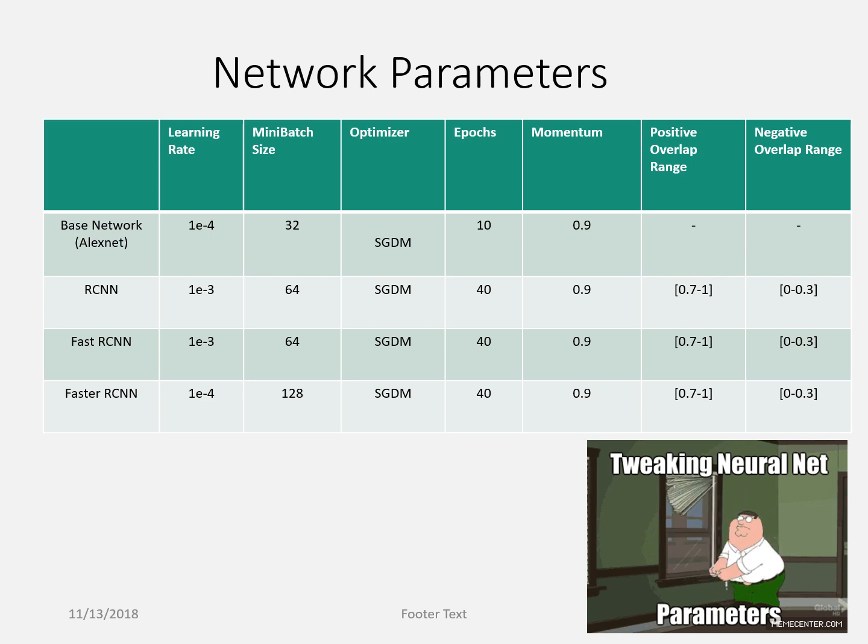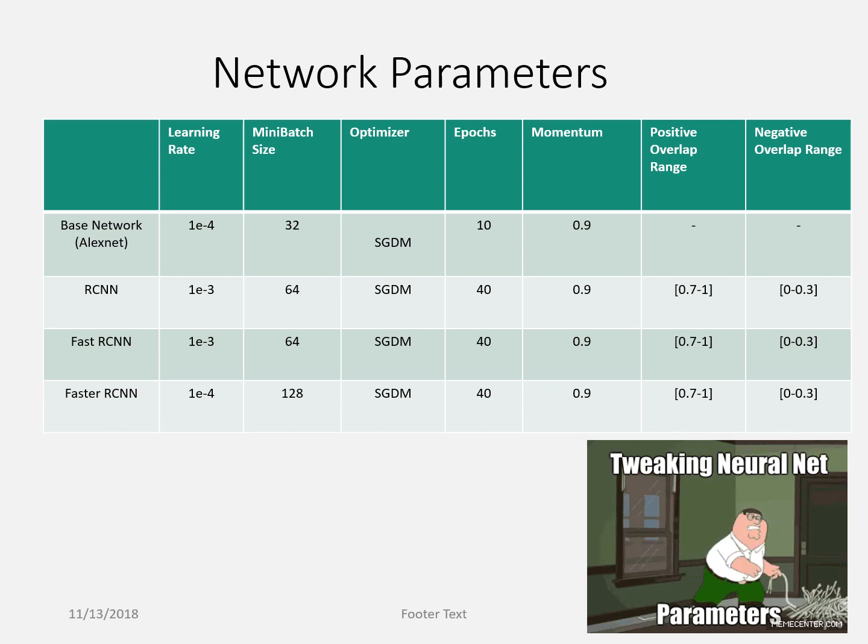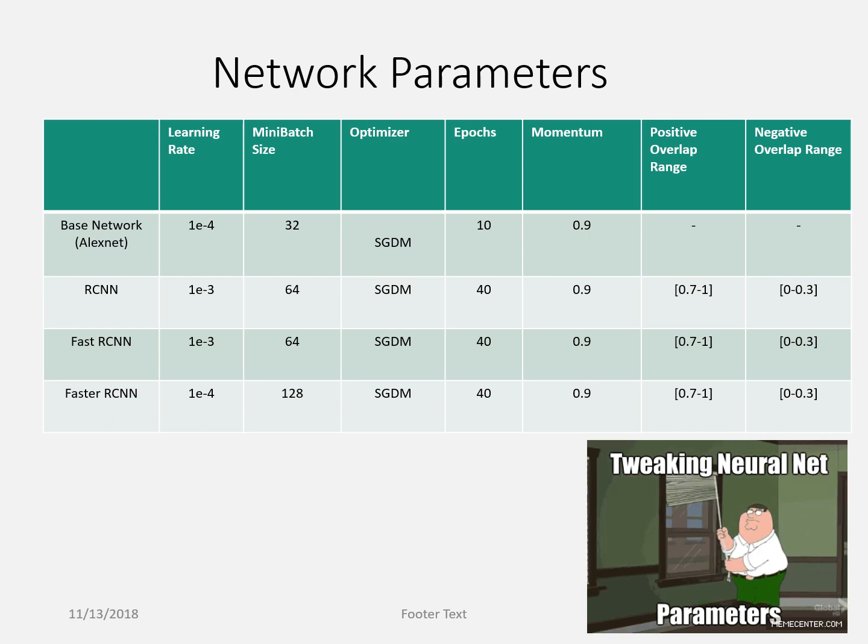So the network parameters for faster RCNN. I tried to keep the same parameters for all three networks, so that I can say the MAP comparison is accurate. The only difference is that for faster RCNN I kept the mini batch as 128, because it was giving me a better MAP.